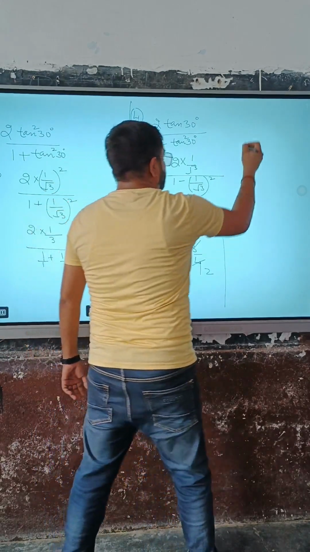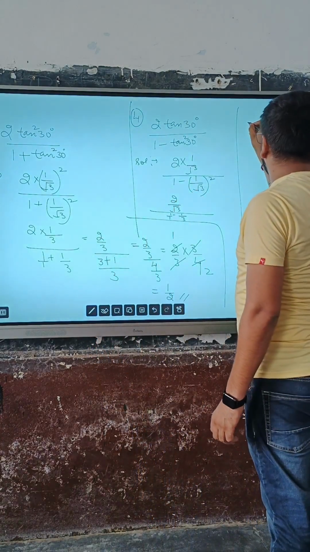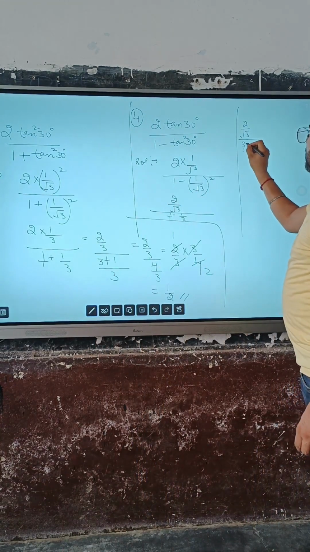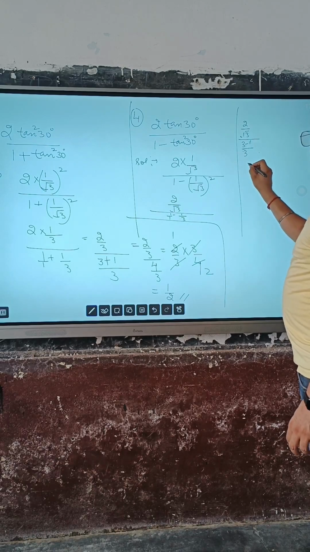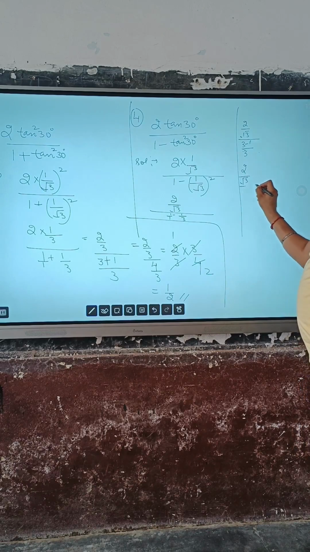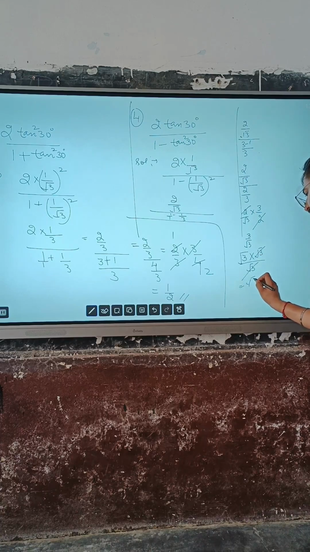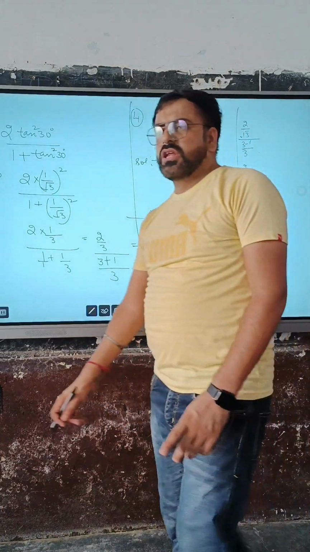After taking LCM, it is 3 minus 1 divided by 3, that is 2 by 3. So 2 by root 3 divided by 2 by 3. The 2 cancels, and 3 divided by root 3 gives root 3. So the answer is root 3.